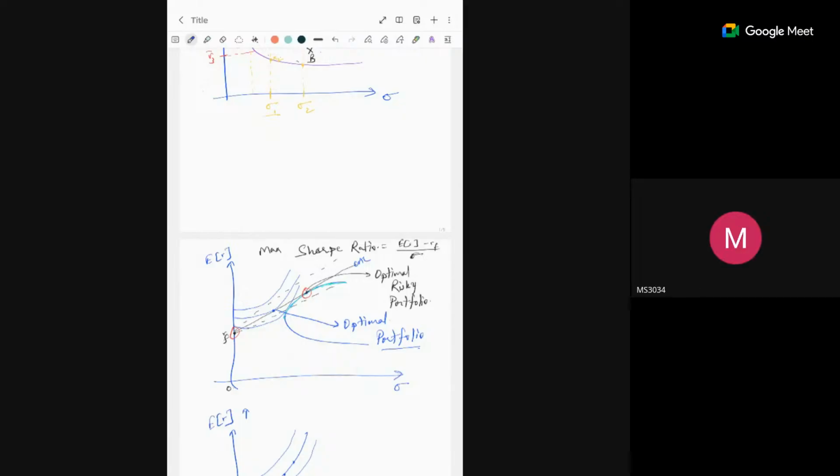Then from this optimal risky portfolio and the risk-free asset, you find your optimal portfolio according to your utility function, which is determined by your risk aversion coefficient. So the CAL is important, and it works with maximizing the Sharpe ratio. Got it, sir. Thank you.